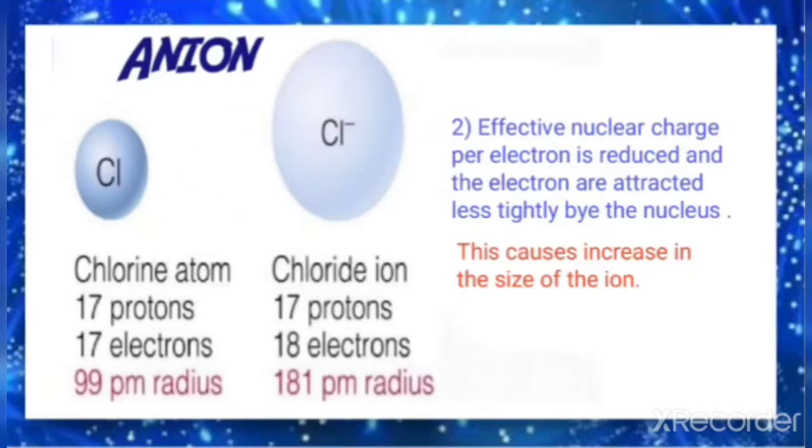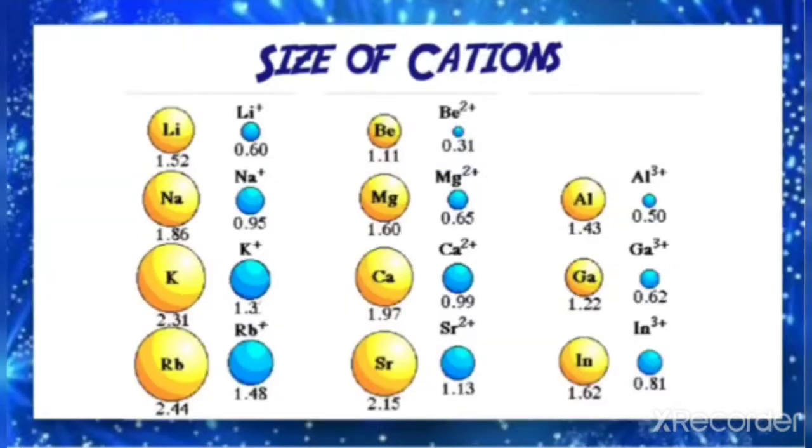Let us compare the size of cations. When you compare the size of the lithium ion with lithium, you can see that the size is reduced. Similarly, for the sodium ion, potassium ion and rubidium ion, when you compare with the parent atom, you can find that the size is reduced.